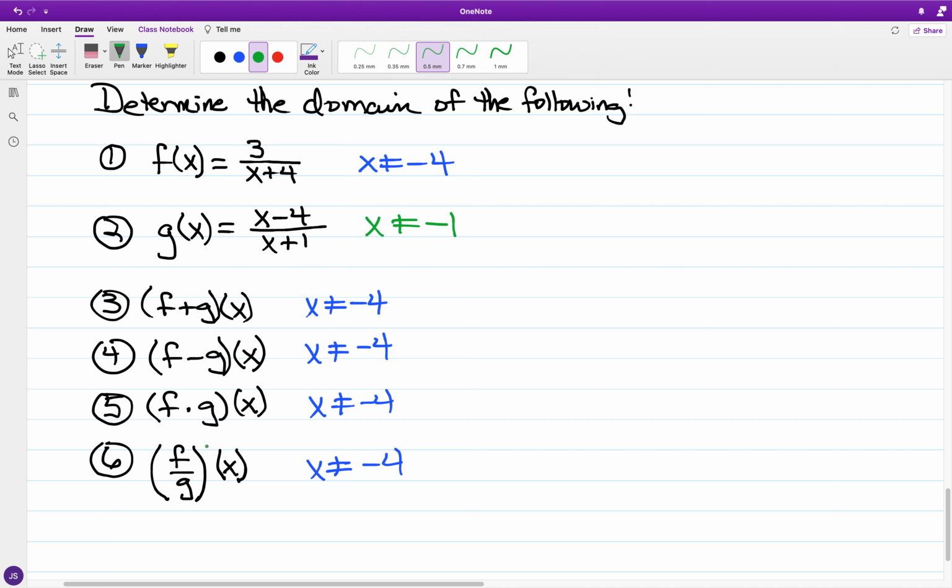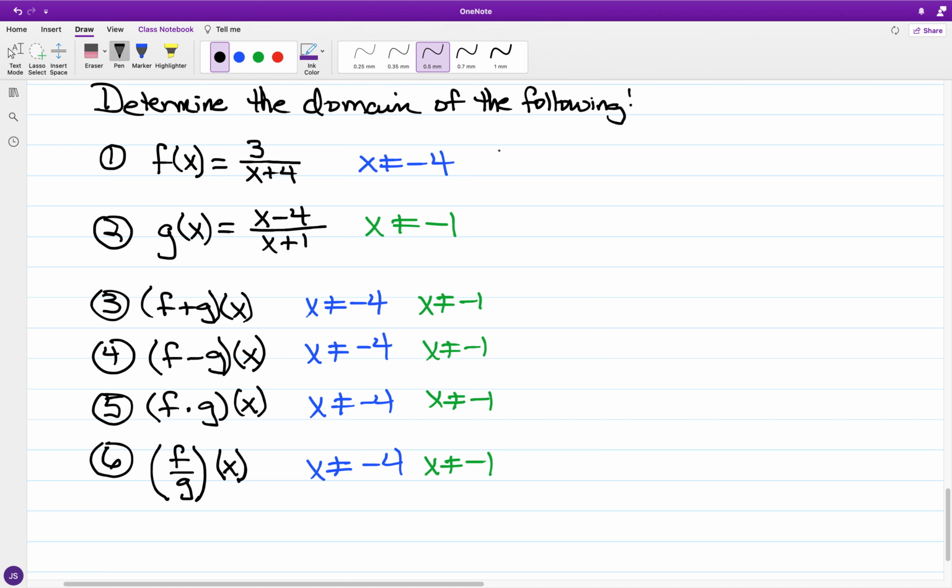To be able to operate with g of x, we must keep g of x as a defined value in the real number system. So we have also that x cannot be negative 1. Again, x cannot be negative 4 in order to be able to work with f of x, and also x cannot be negative 1 in order to be able to work with g of x.